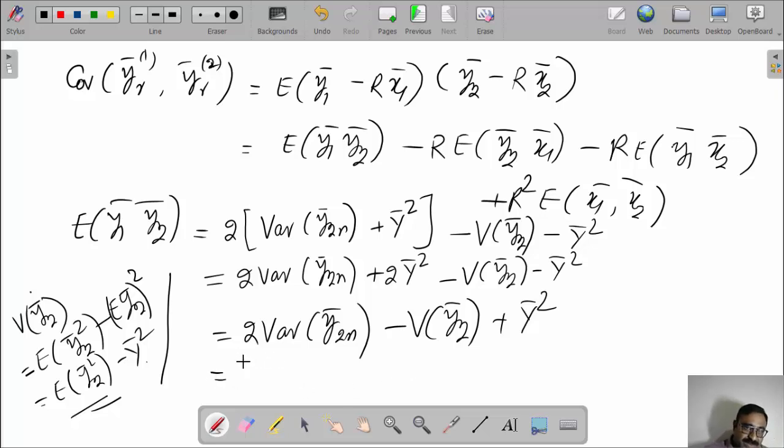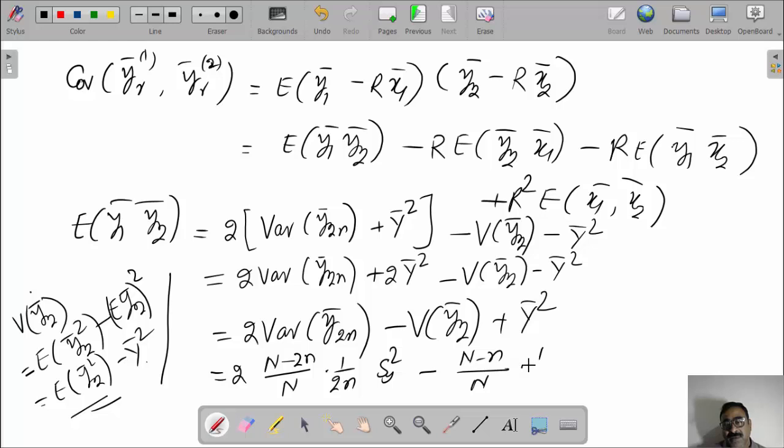So this is equal to 2 times (n minus 2n) by n into 1 by 2n Sy square, minus, because this is based upon a sample of size n, a sample of size 2n selected by SRSWOR scheme, (n minus n) by n into 1 by n Sy square plus y bar square.